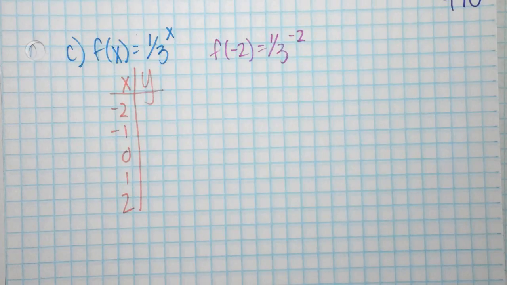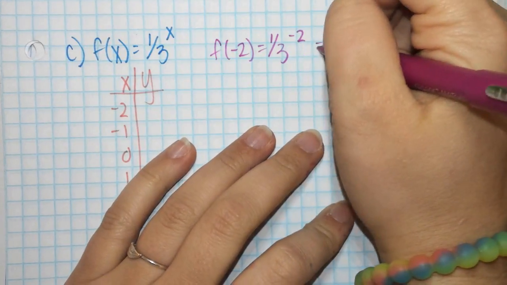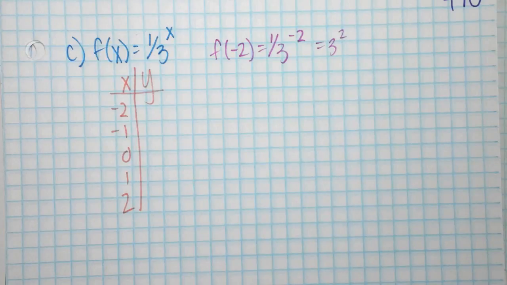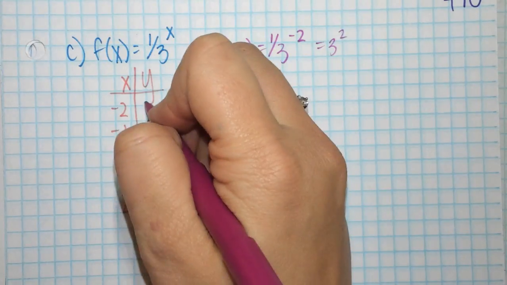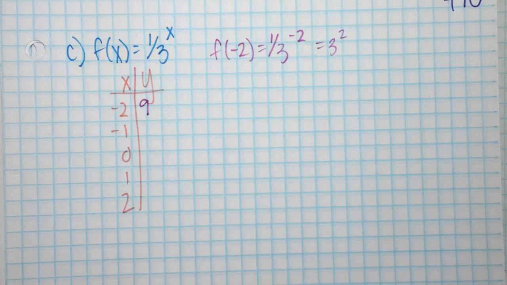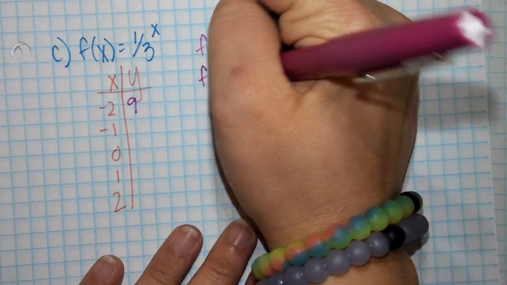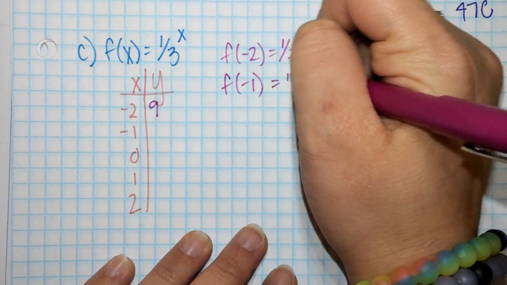Alright, so we have 1/3 to the negative 2. Can we have negative exponents? So what do you do? You flip it, and it's going to become 3 squared. What is 3 squared? Alright, so then we're going to have f at negative 1.